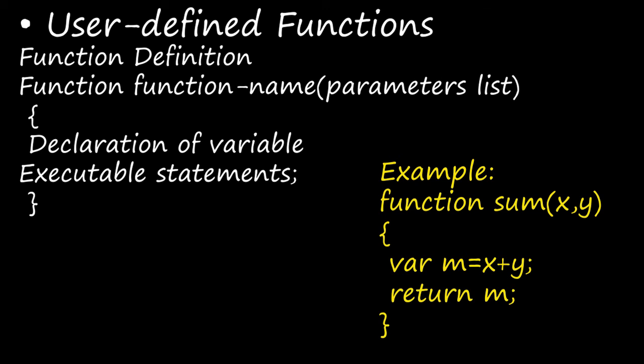Okay, this function's name is sum and it has two parameters, x and y. You can call this inside the coding wherever you want to do the sum or the addition. We have an example to use this function on page number 333.